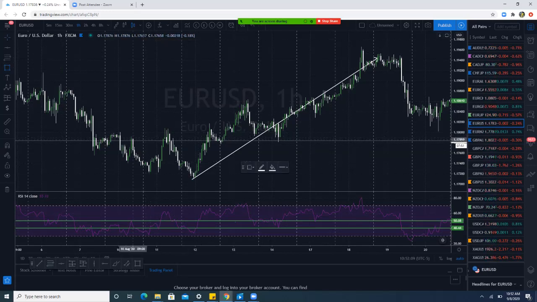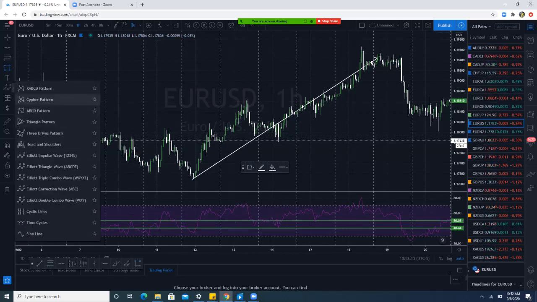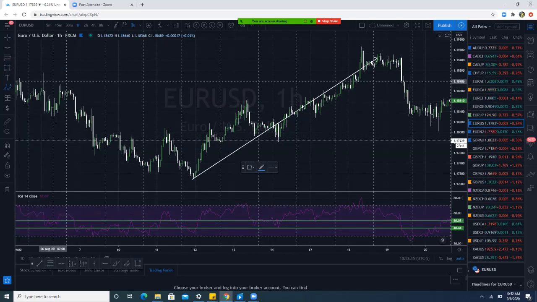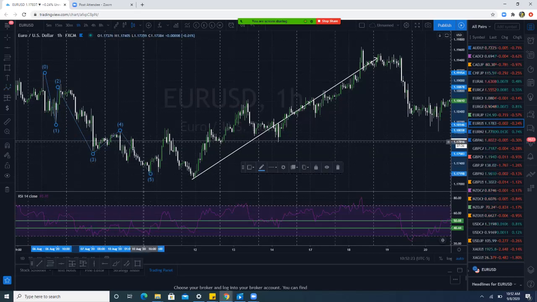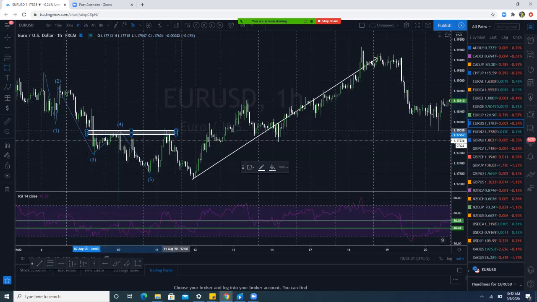So to illustrate where you would start to look for this, price is making lower lows and lower highs, lower lows, lower highs, lower lows. If we're looking for an uptrend using market structure, you're just going to simply wait for when price breaks the last swing high.